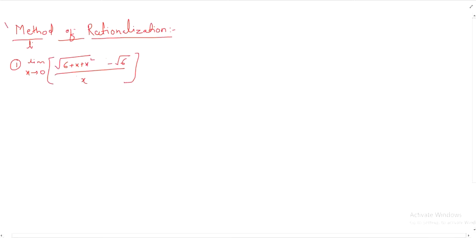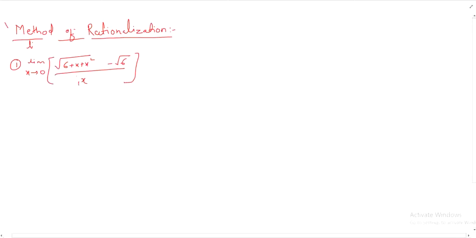So this term is called an irrational term. To remove this square root, we have to rationalize it. One more important thing to mention here: if we look at the denominator, it is x, and here our limit is x tends to 0.